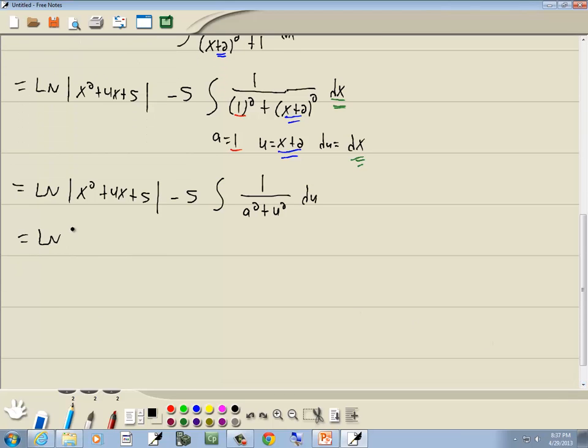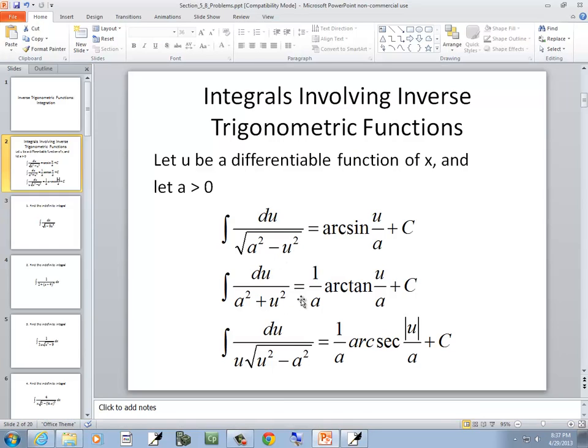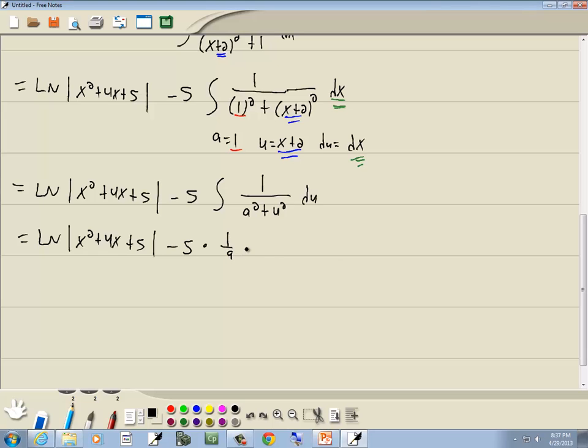That gives us natural log of the absolute value of x squared plus 4x plus 5 minus 5 times, matches this formula directly, so we're going to rewrite that as 1 over a arctangent of u over a. I'll put my plus c in now.